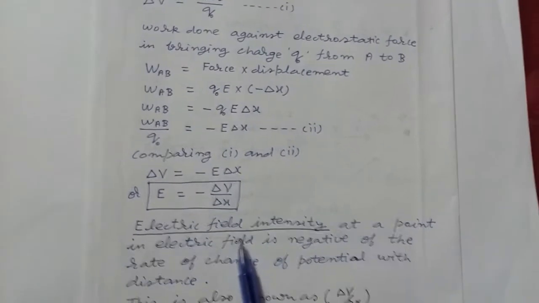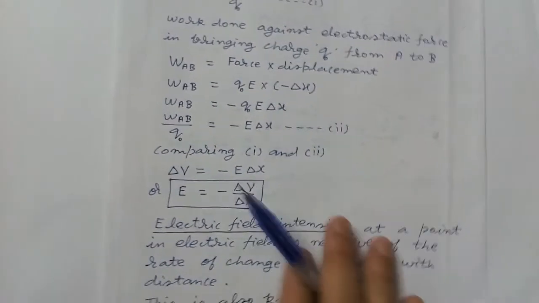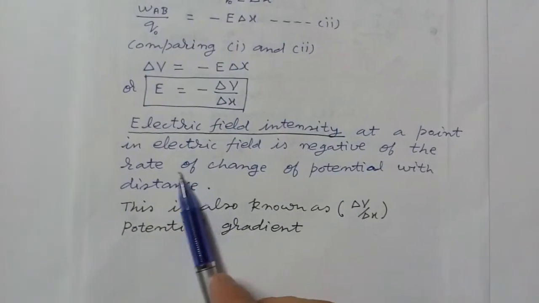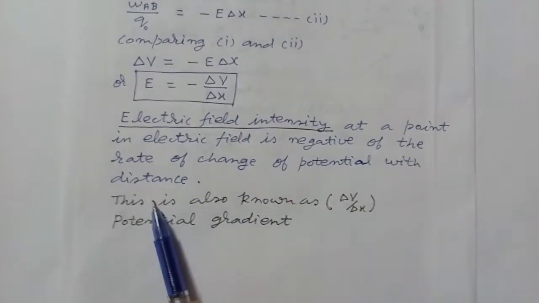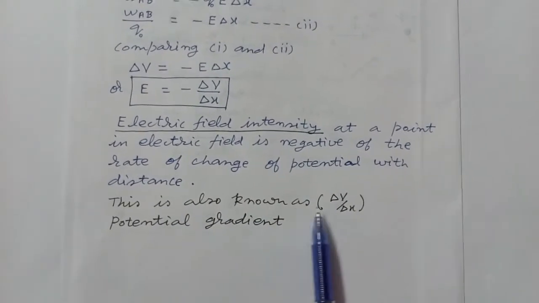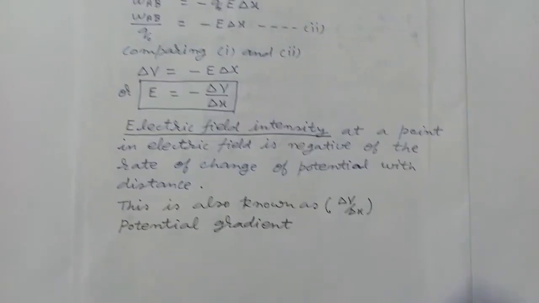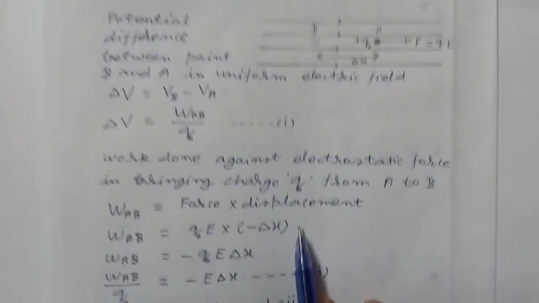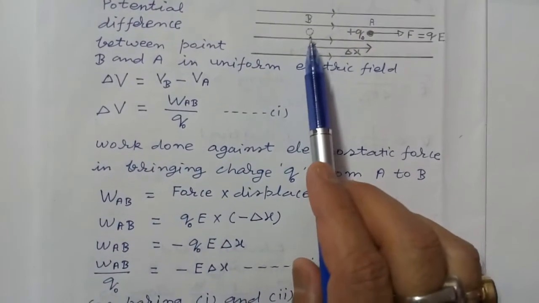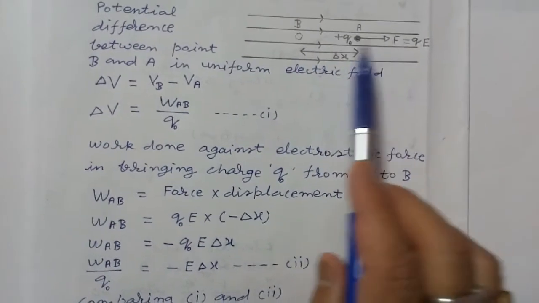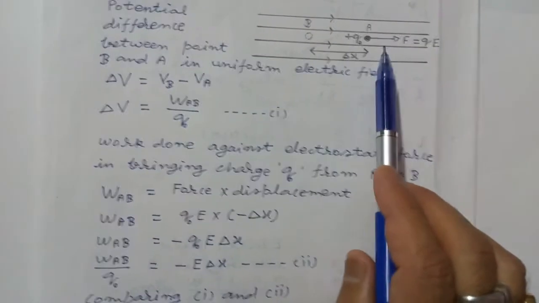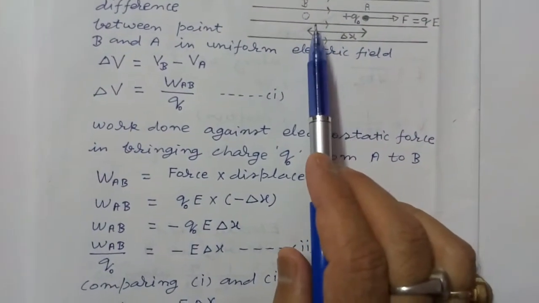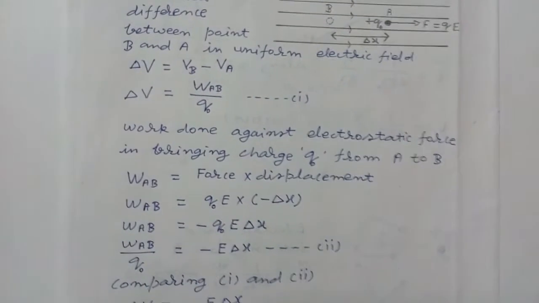So the electric field intensity at a point in an electric field is the negative of the rate of change of potential with distance. This delta V by delta x is also known as the potential gradient. The negative sign shows that as we move in the direction of the field, the potential decreases. So the direction of the electric field is from higher potential to lower potential.